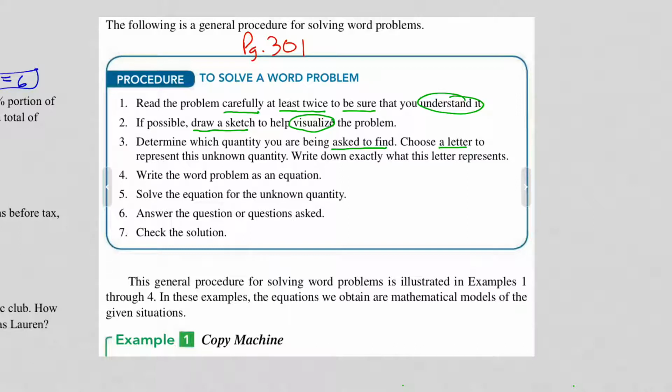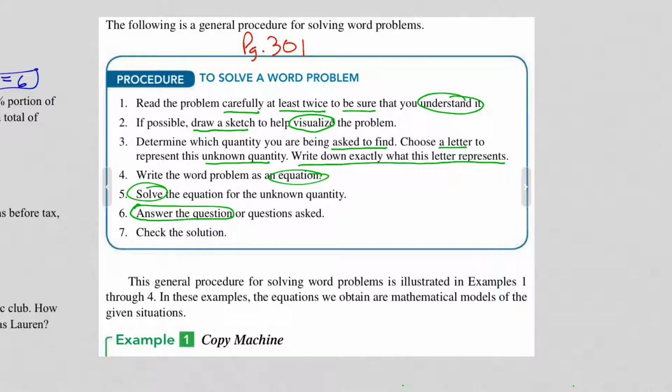Choose a letter, X, Y, Z, doesn't really matter, for this unknown quantity. And then write down exactly what this letter represents. Do the equation part, solve it, and then you're not done after that. You need to answer the word problem.